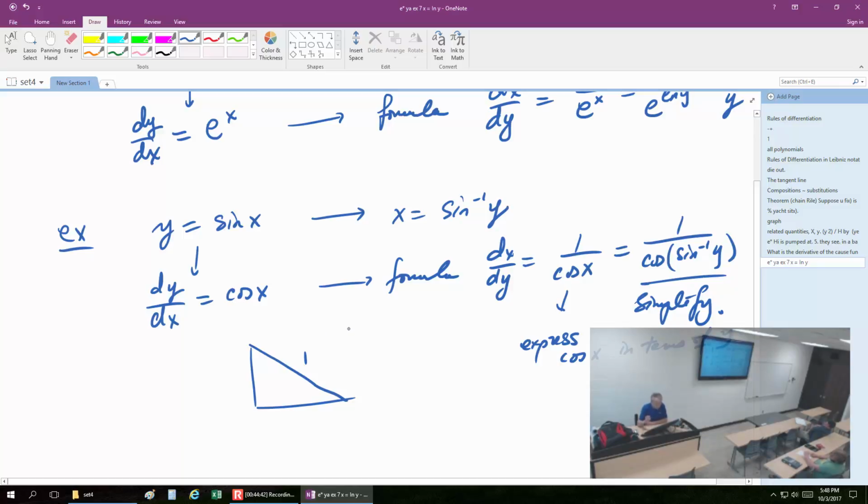Okay, where y is sine x. So suppose this is x, the hypotenuse is 1, and what are the other two sides of the triangle? No, the 1 is the hypotenuse, the other two.